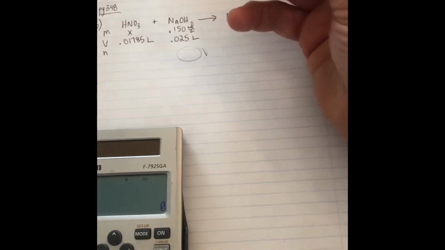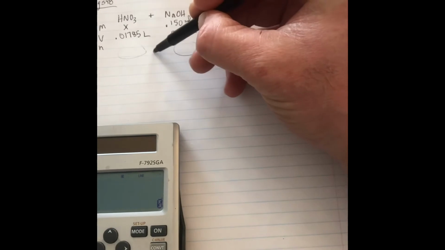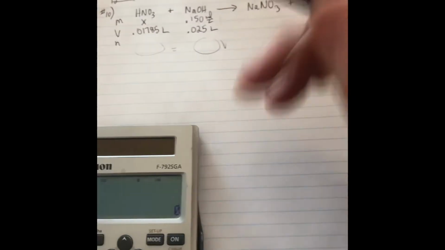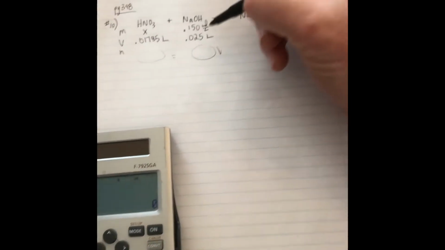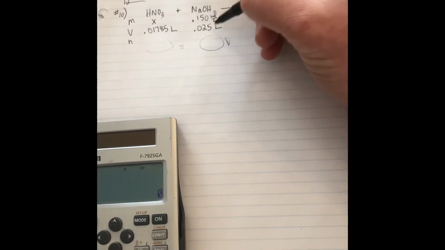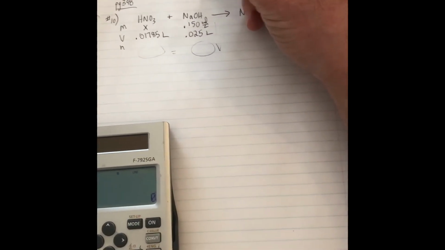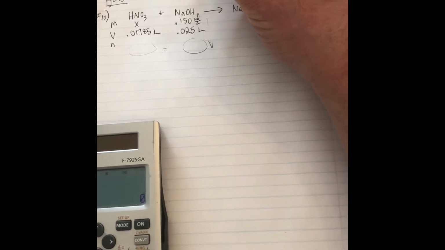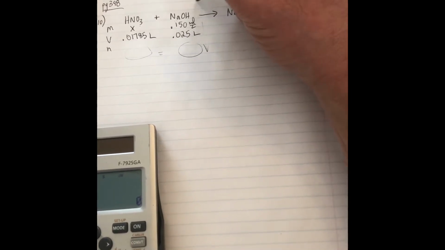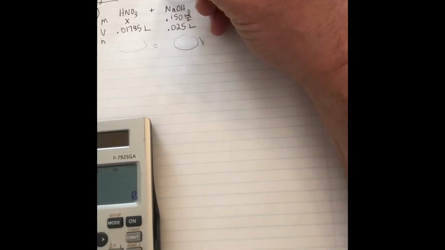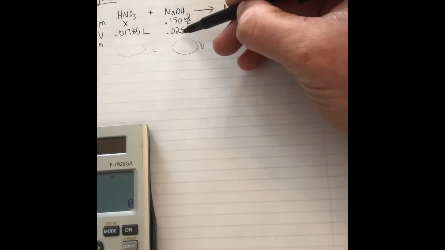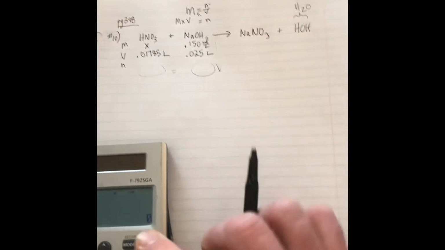Assume that when things are neutral, you would have the equivalent number of moles of HNO3, and then work your way up to molarity. Here's where these stoichiometry problems with solutions get a little bit tricky. We're used to just dividing, but remember, back to our molarity equation, molarity equals moles over volume. If we want n, it's actually going to be the molarity times the volume. So we need to multiply these things down this column.